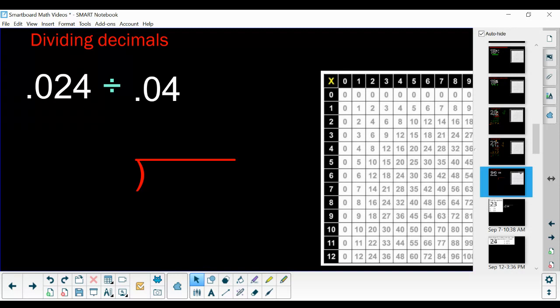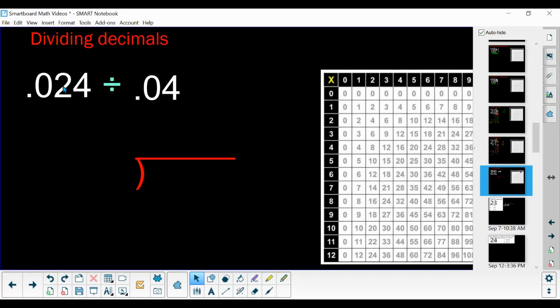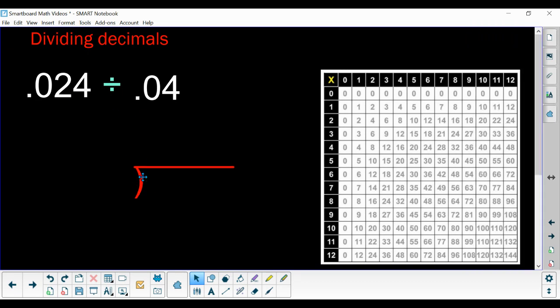So you want to make sure that when you are dividing and they give you the problem horizontally, because that's usually the case, you put each number in the correct position. All right, so here's your little house. The first number should always go on the inside, regardless of whether it's the bigger or smaller number.